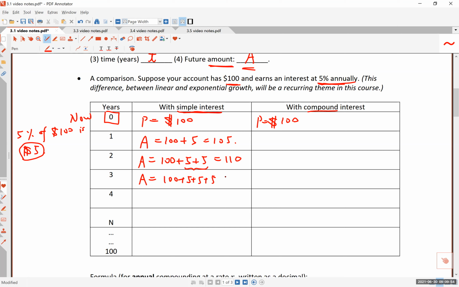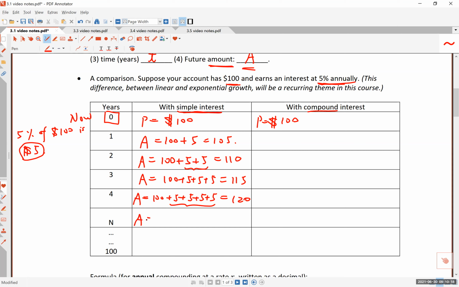Now you may be wondering, why don't we just take the previous amount and add 5 to it? Yeah, that will define a recursive formula, but what I'm interested in is a more general formula, and that's why I am writing it this way. After 4 years, how many 5s? Well, you have 4 interest payments of $5 each, and of course that's 120. You get the idea.